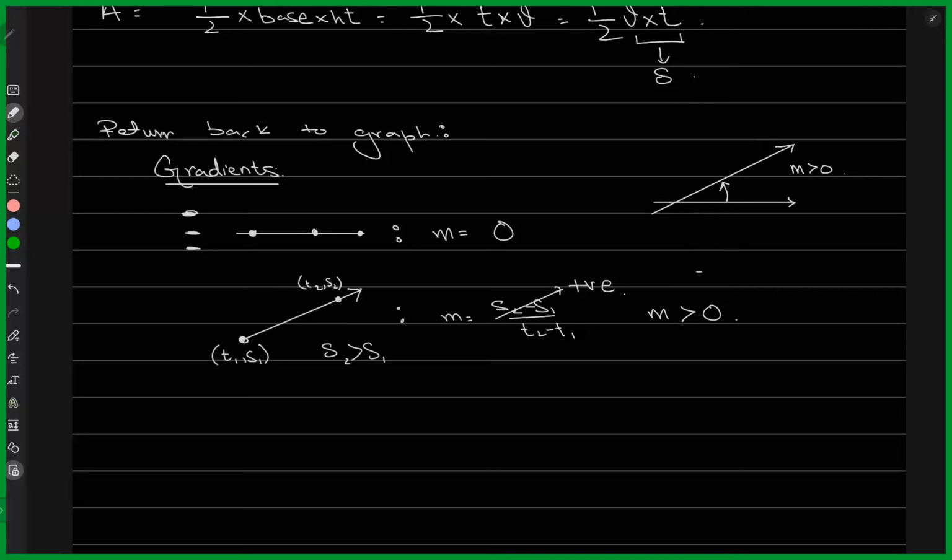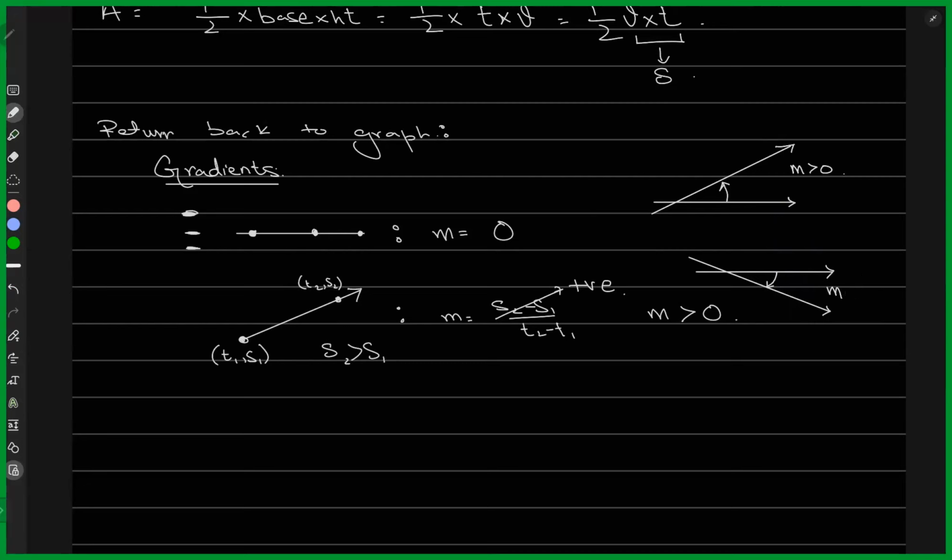If I have a line that looks like this, again I have the horizontal, and I draw the line whose gradient I want. Then you see the angle from the horizontal to this line is in this direction, which is clockwise.